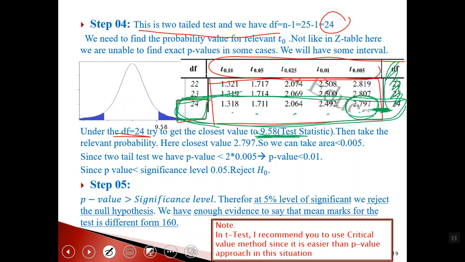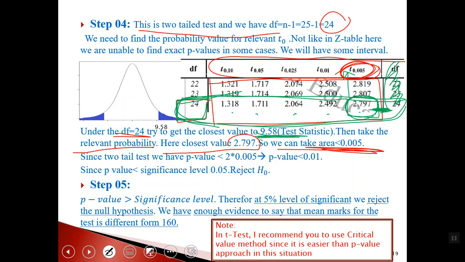Then you have to select this value and go up and pick your p-value. Based on this value you can pick your p-value. It is 0.005. Then take the relevant probability. Closest value, this one, we can take the area 0.05.